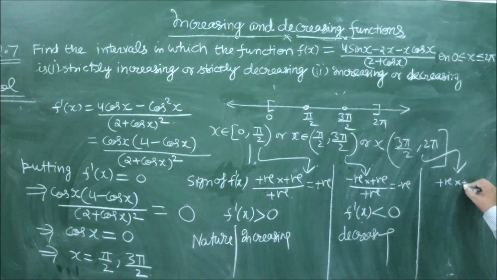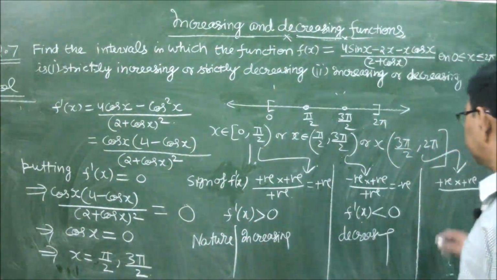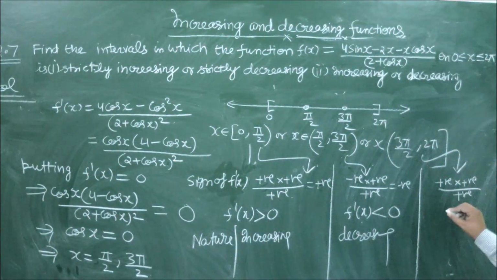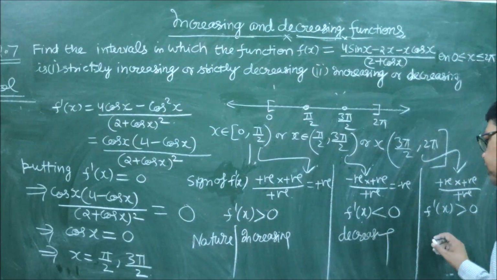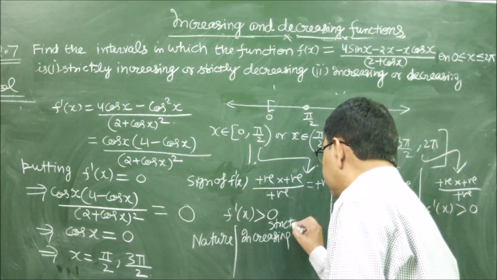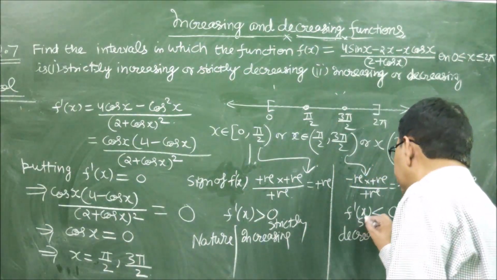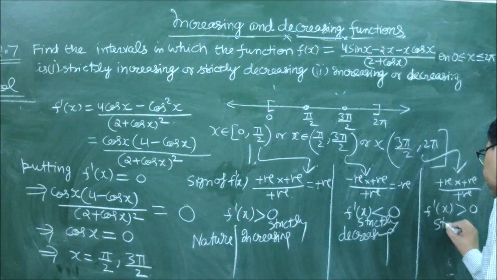The denominator is always positive because it is a square. So overall f dash x is greater than 0, and greater than 0 means it is strictly increasing. In the second interval it is strictly decreasing, and here it is strictly increasing.